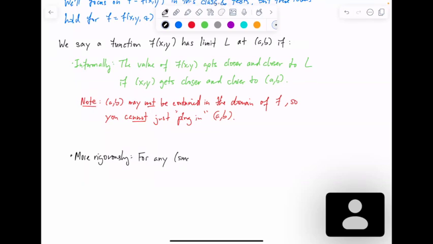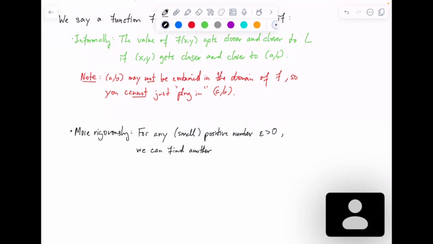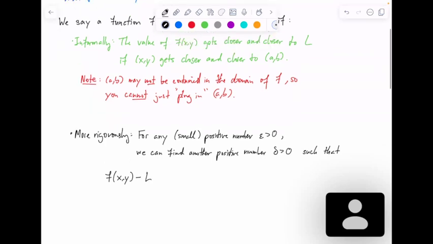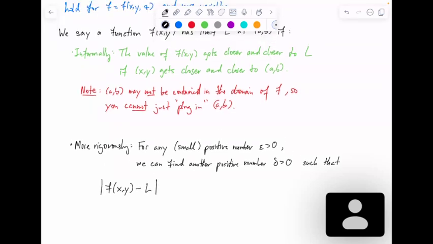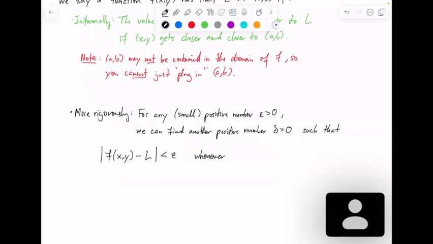For any small positive number epsilon greater than 0, epsilon being the traditional notation, we can find another positive number, delta, also greater than 0, such that the absolute value of the difference of your function value and your limit L is less than epsilon whenever the distance between (x,y) and the point you're evaluating the limit at is less than delta.